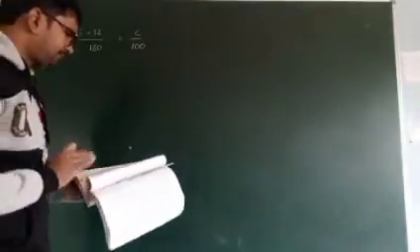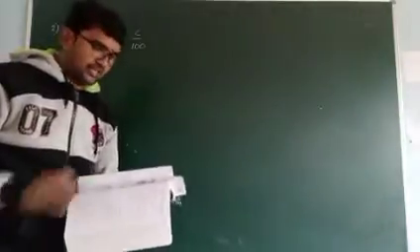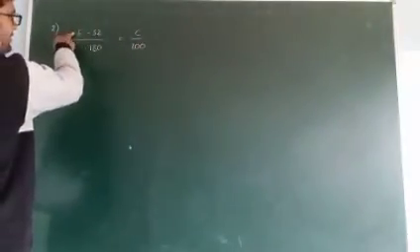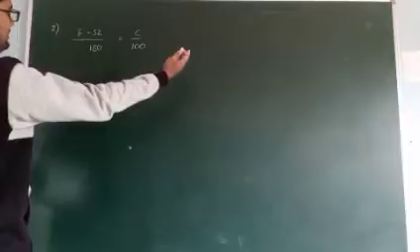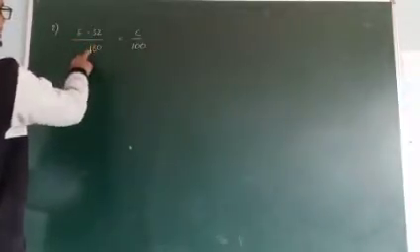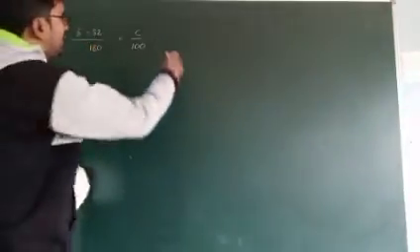Next, second one. At what temperature will both Celsius and Fahrenheit scales read the same value? Actually, when a Fahrenheit value is given, it is converted into degree Celsius by F minus 32 by 180. If degree centigrade is given, it is converted by dividing by 100.